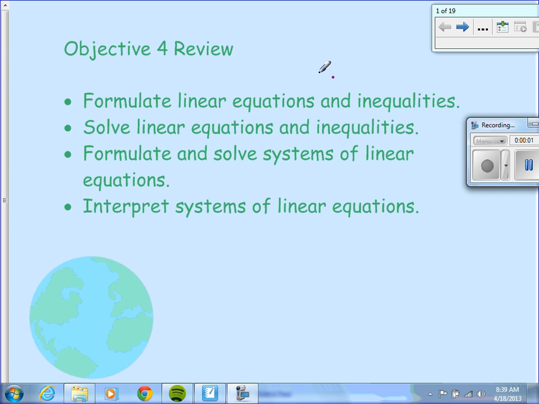Objective for review. You're going to formulate linear equations and inequalities. That means that given a problem-solving situation, some sort of real-world scenario, you have to set up a linear equation or inequality to represent that problem.